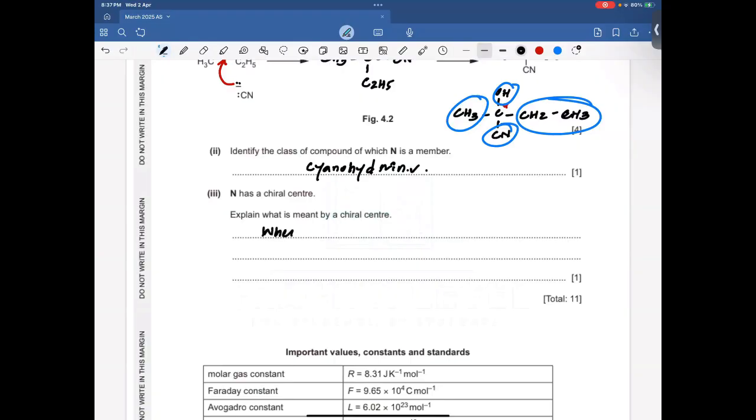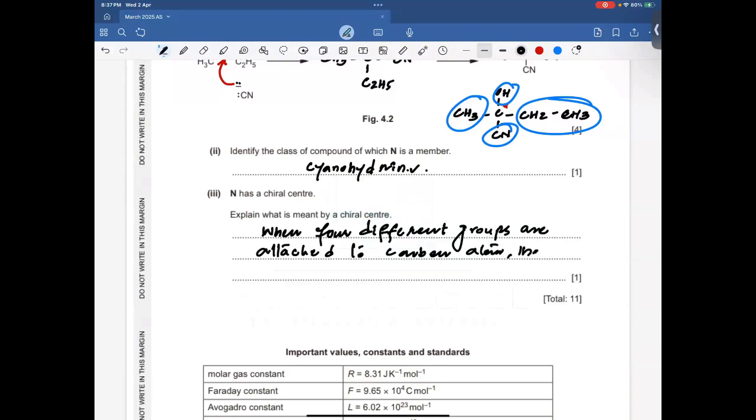When 4 different groups are attached to a carbon atom, then it is called chiral carbon.